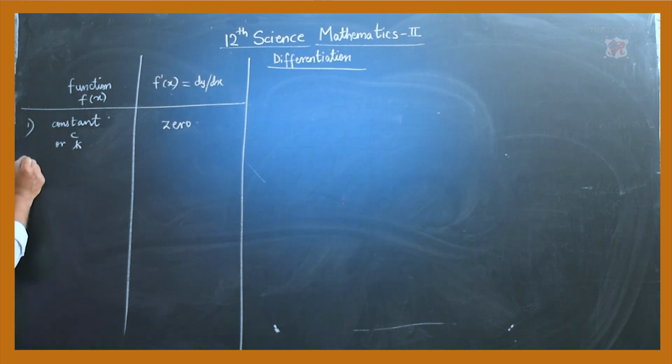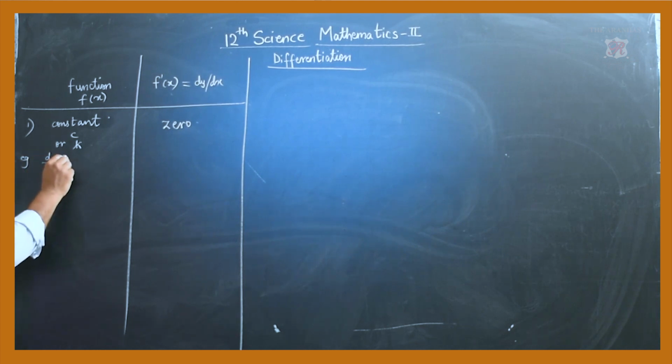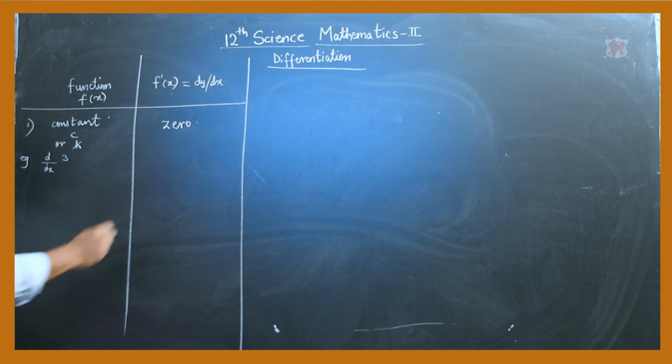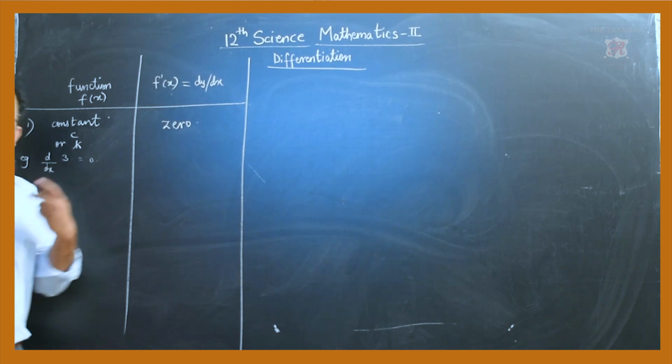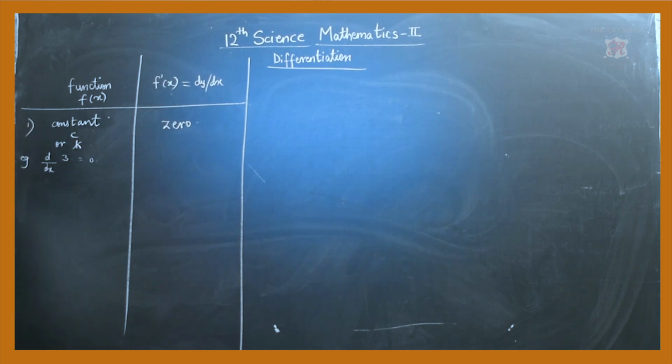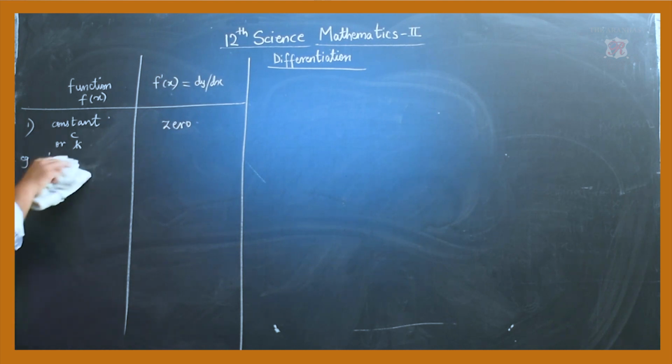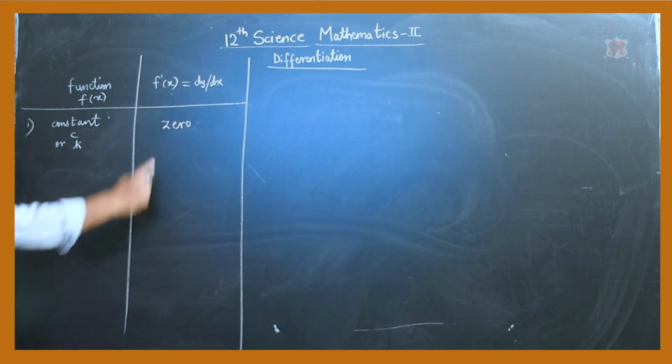For example, if somebody asks you to differentiate 3 with respect to x, the answer will be 0. If somebody asks you to differentiate 1000 with respect to x, in that case also the answer will be 0. So always remember, the derivative of constant terms or a function which is representing a constant is always 0.